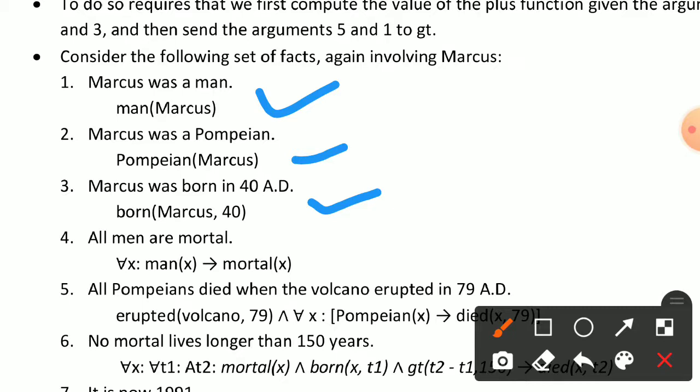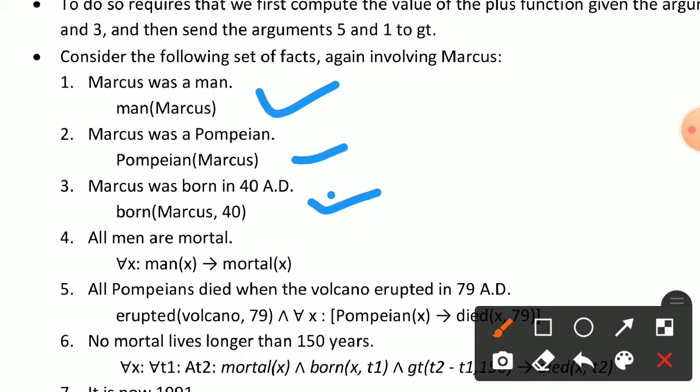Marcus was born and the year is given. So we can write this simple fact like this: born(Marcus, 40). We can simplify all the sentences.